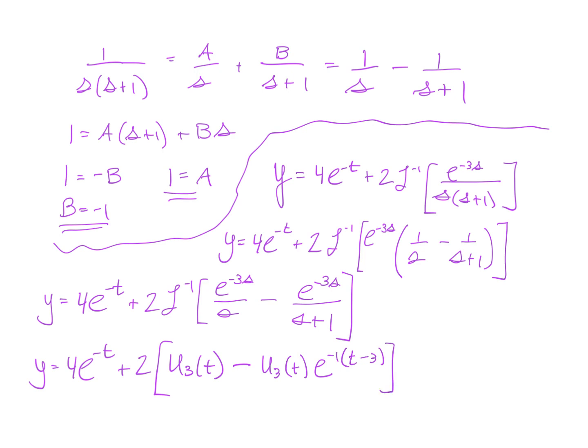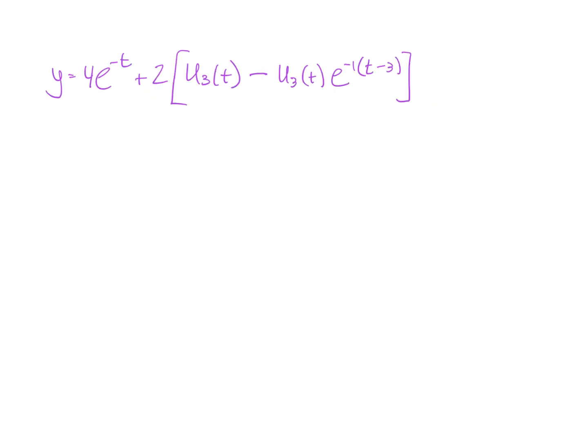And then we just need to simplify this a little bit to make it look like the answer in the packet. So to simplify, I'm just going to distribute this 2. I'm just going to factor it back out again with the u3.